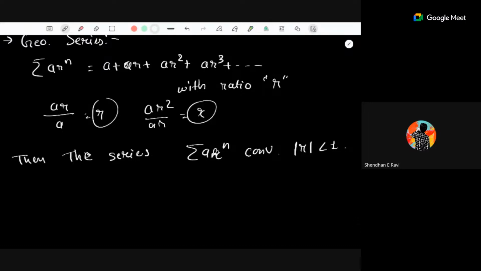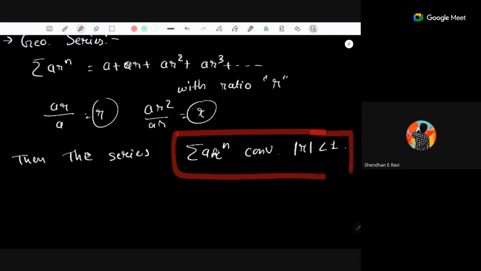The reason behind this we have already studied in lectures, where we related the convergence of a series with a sequence. You can go back to the lectures and recall that proof. By that proof, a geometric series summation a r to the power n converges if modulus of r is strictly less than 1, and it diverges if modulus of r is greater than or equal to 1.